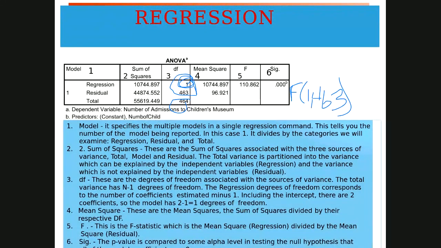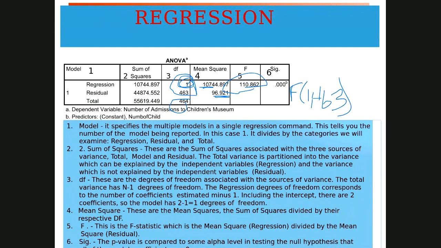Okay. And then the mean square, that's the sum of squares divided by their respective degrees of freedom. And then F, that's the statistic, which is the mean square for the regression divided by the mean square for the residual.